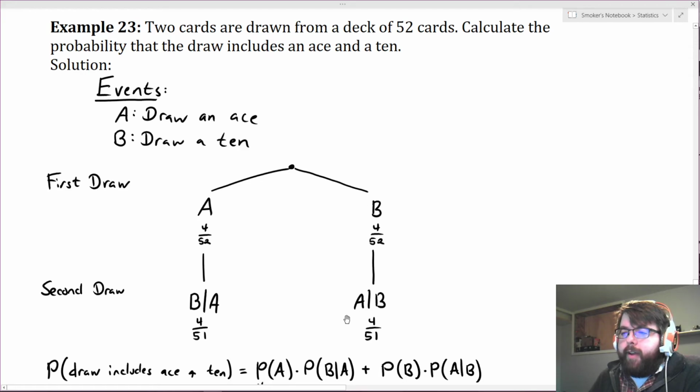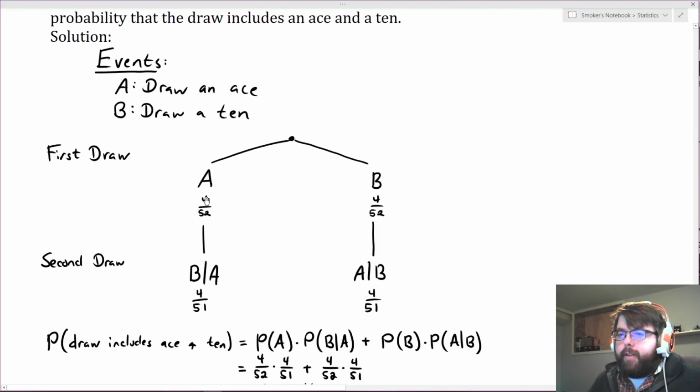So we're going to actually have to do a sum here of these two probabilities: pulling an ace and then a 10, and also the probability of a 10 and then an ace. But we need to multiply the dependent events together to find the probability for each of those scenarios. So the probability of an ace and then a 10 would be 4 over 52 times 4 over 51. 4 out of 52 on the first, and 4 out of 51 on the second.